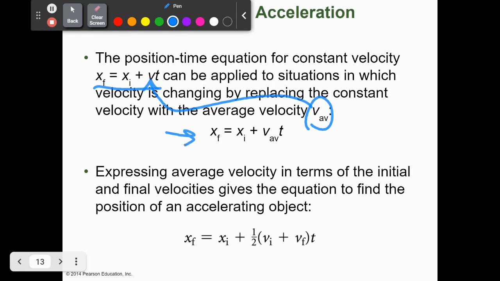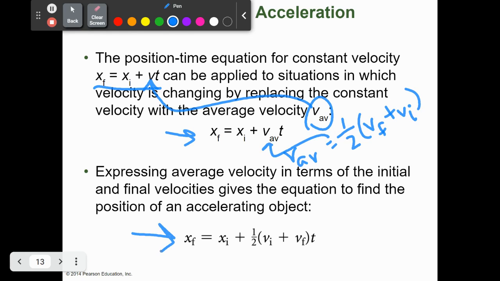And then they do one last thing. They take what average velocity is equal to and plug in for average velocity. When they do that, they get this final equation down here.